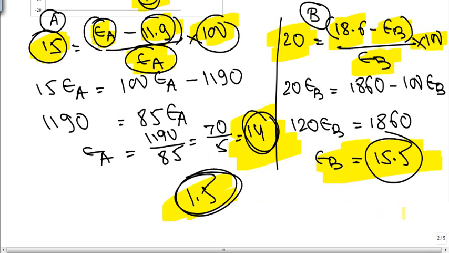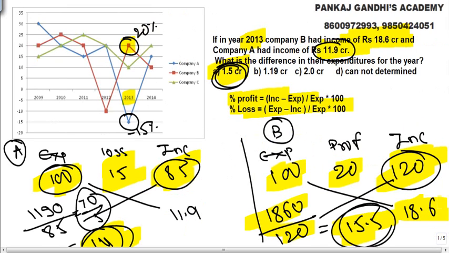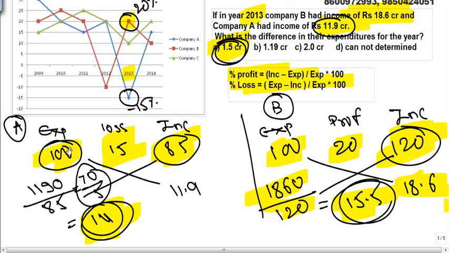But the smarter way was definitely using basic logic. Profit or loss for A, 15% loss, we did; for B, 20% profit.